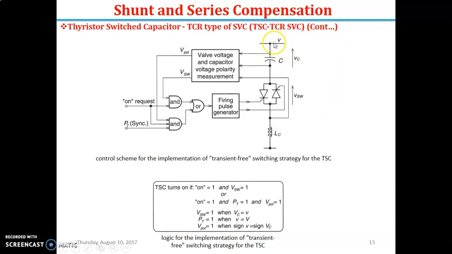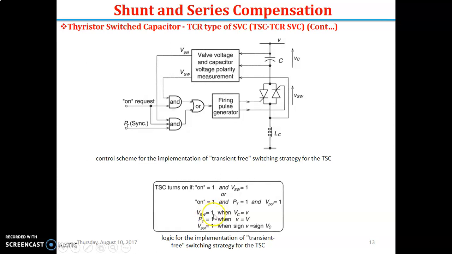Suppose the peak supply voltage, capital V, is higher and the capacitor residual voltage is lower than this peak voltage, then we may have an instant where Vc will be equal to V, and then the voltage across the switch will be equal to 0 because Vc equals V, and at that condition we will get VSW equal to 1, that is the logic.